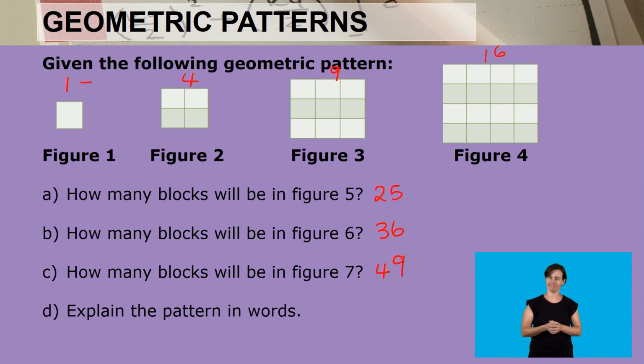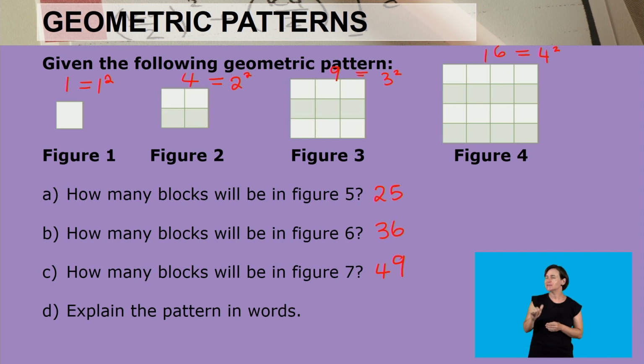Well, yes, 1 is equal to 1 squared, and 4 is equal to 2 squared, while 9 is equal to 3 squared. Do we see the pattern that is going on with these blocks, or this geometric pattern? Of course, in the fourth figure, we had 16, which is 4 squared.